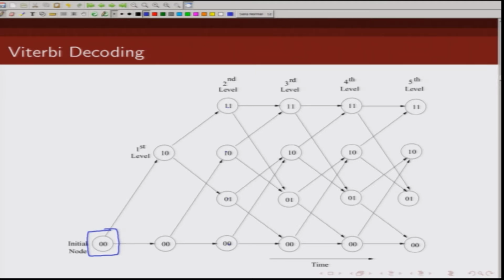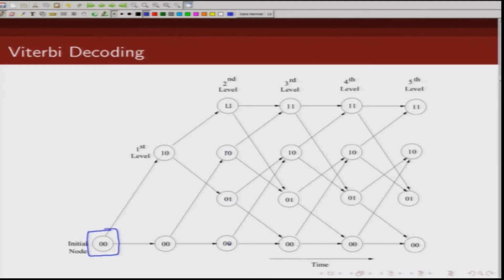So, until you reach time t equal to 2, which is the memory order of this code, we will see that the number of states is getting doubled. Initially there was only 1 state, all 0 state, then you had 2 states, and then you had 4 states. And you can see from each state there are 2 branches leaving that particular state.